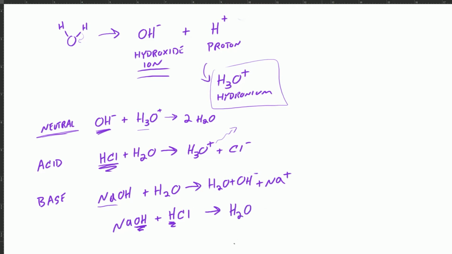We have an equal number of hydrogen ions and hydroxide ions, so they're going to form water plus NaCl, right? Na+ and Cl-, this is going to create an ionic bond, which is going to give us salt. So the byproduct of adding sodium hydroxide and hydrochloric acid together is salt water.